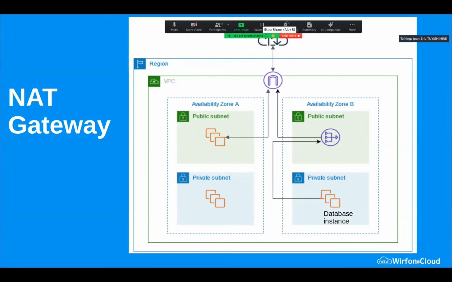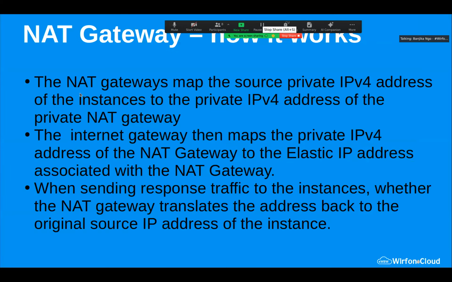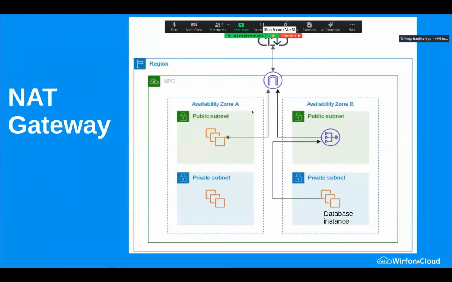Right. Okay, good. So let's look into how that works. This is how the mapping happens. For the NAT gateway, we map the source private IPv4 address. Remember that we have a database here and it's a private one.